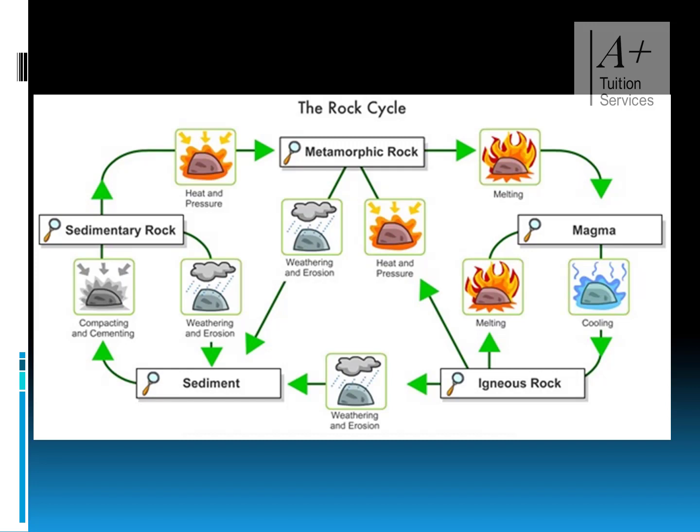Igneous rock, under heat and pressure, can turn to a metamorphic rock, and through weathering and erosion can become sediments, which are fine particles of sand and gravel. Through the processes of compacting and cementing, these sediments formed from the weathering and erosion, or the breaking up, of the igneous rock can form sedimentary rocks, and under heat and pressure they can be converted to a metamorphic rock.